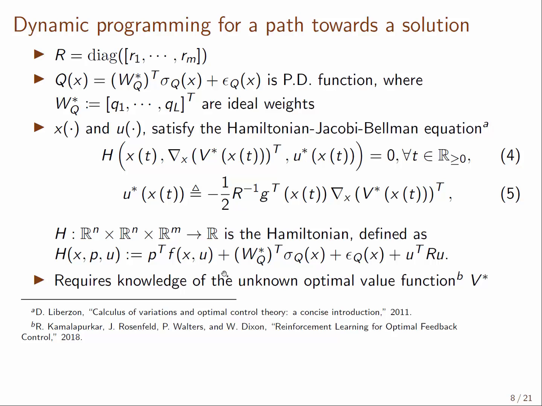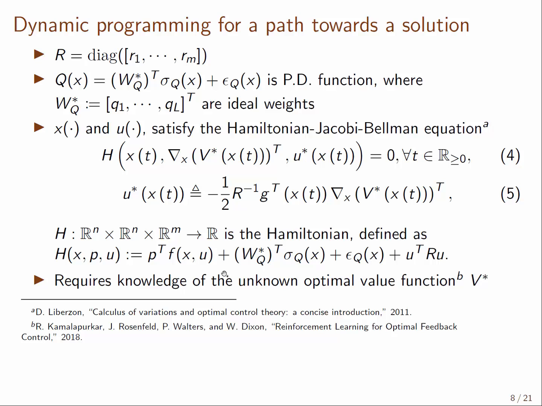Now in 4 and 5, H is the Hamiltonian, which is defined as P transpose F plus this function Q of x plus u transpose R u, and V star is the optimal value function, or the optimal cost to go of this infinite horizon optimal control problem. u star is the optimal feedback controller, and nabla sub x denotes the gradient with respect to x of this optimal value function V star.